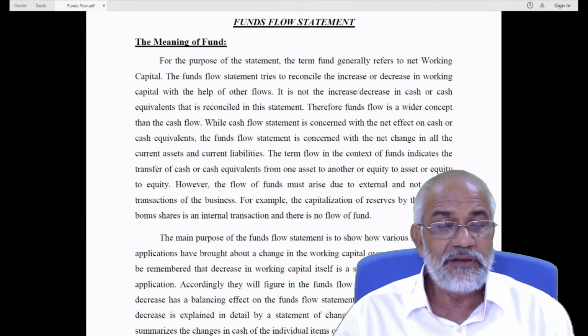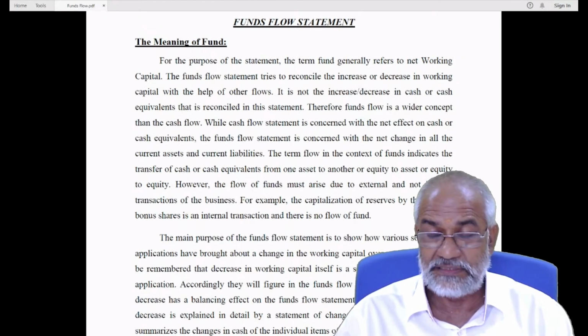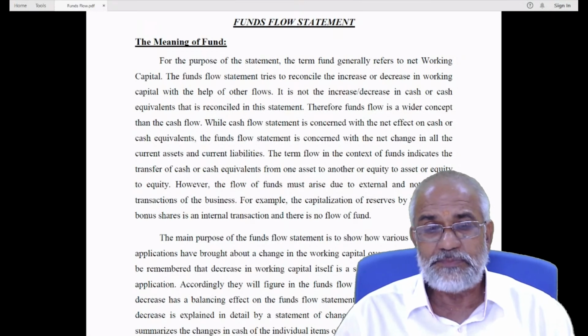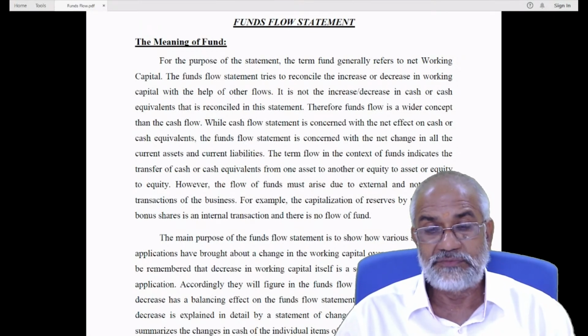Let's take the example of a third transaction and we'll see what happens due to this. Suppose a computer is purchased on payment of 50,000 rupees. When a computer is purchased on payment of 50,000 rupees, the entry will be computer account debited to cash account. Cash is being paid on account of purchase of furniture.